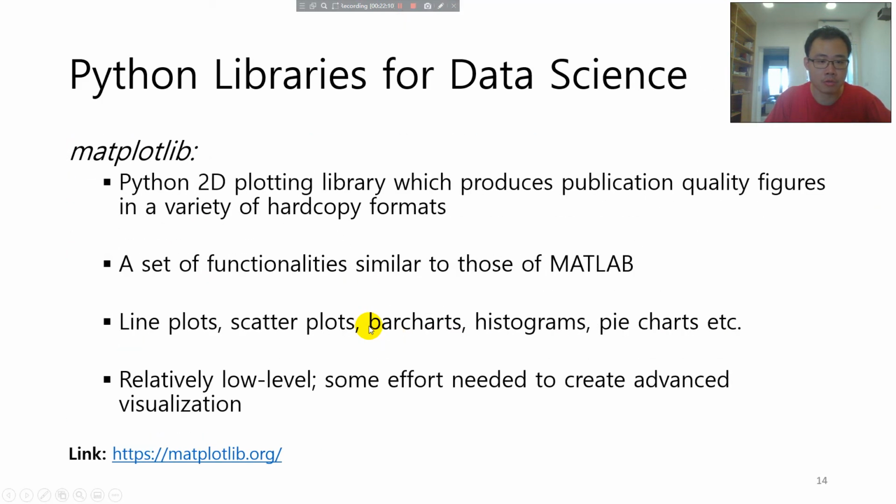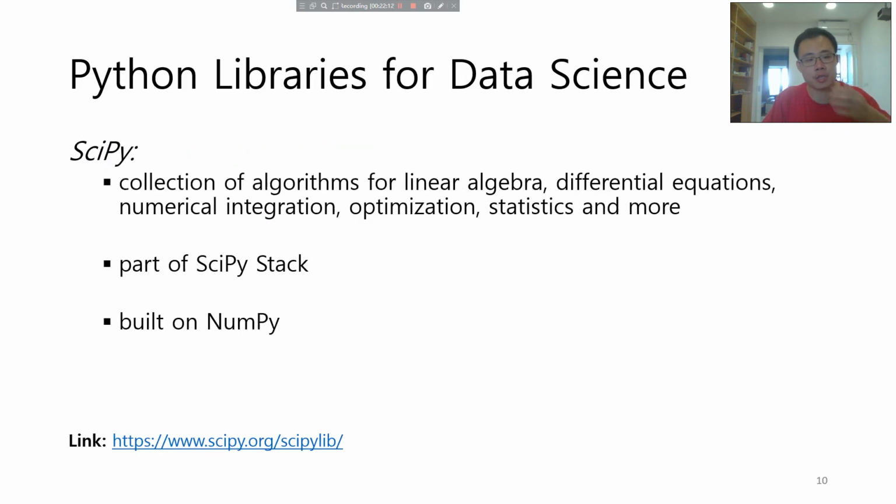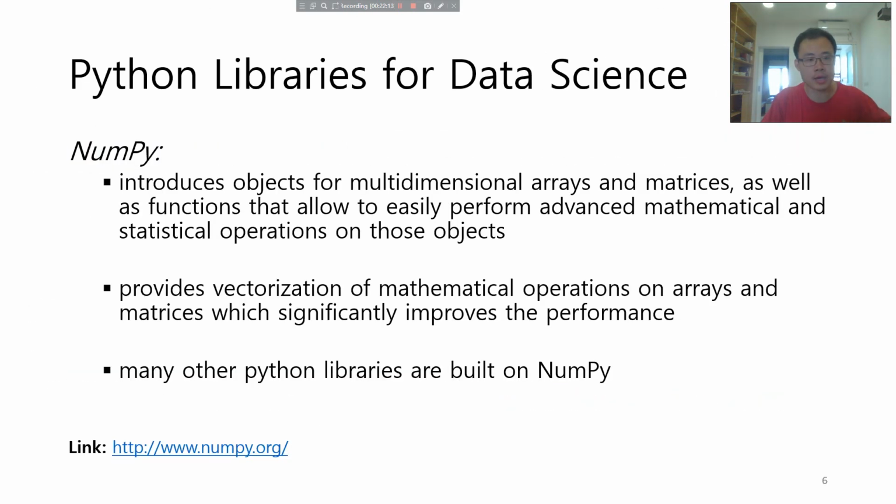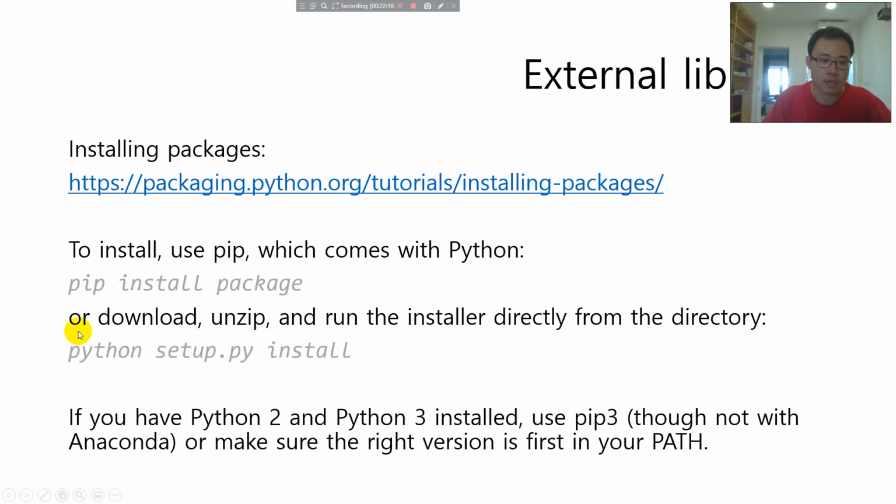Anyway, if you cannot use pip to install it, there is another way. As in the previous slides, you can download the library from the website and unzip it. You will find there is a setup.py file. To do this, you first have to open the terminal.